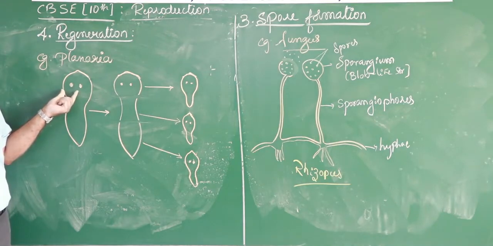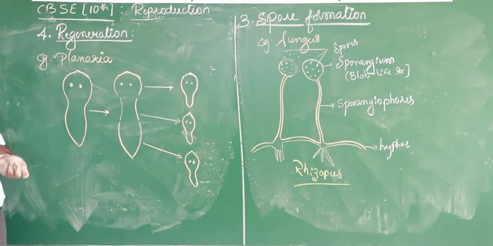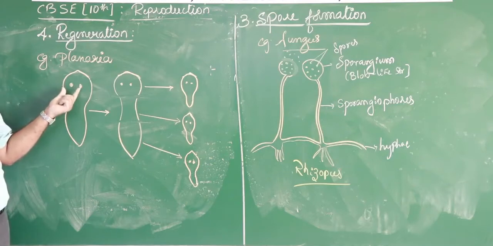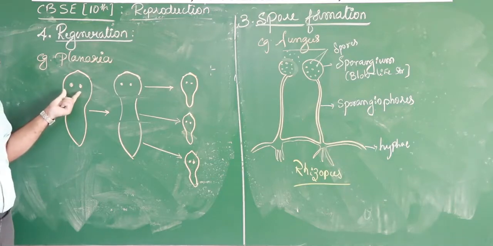As time goes on, gradual changes take place in the body and ultimately develop into structures. This is what we call evolution. In the evolution classes you will learn how parts of the organism develop. Now we are not discussing evolution, we are discussing how regeneration takes place.